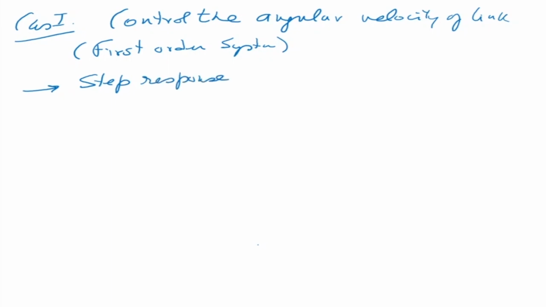The step response for step input omega ds is equal to 1 by s. The output is obtained by the inverse Laplace transform with omega ds equal to 1 by s.